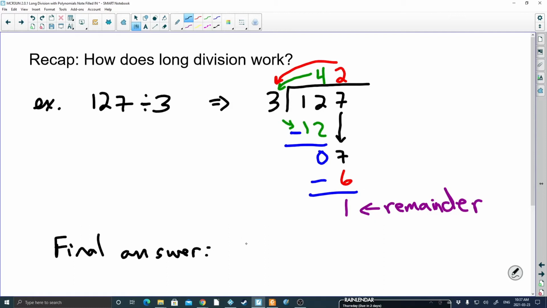We can either say that 127 divided by 3 is equal to 42, which is the numbers we got in our quotient up here, plus we've got to include what the remainder would be. Well, that remainder is a 1, but that 1 is actually divided by 3, which is the divisor.